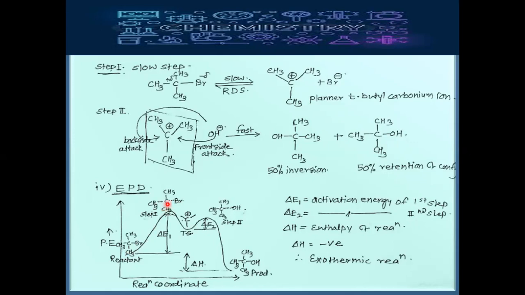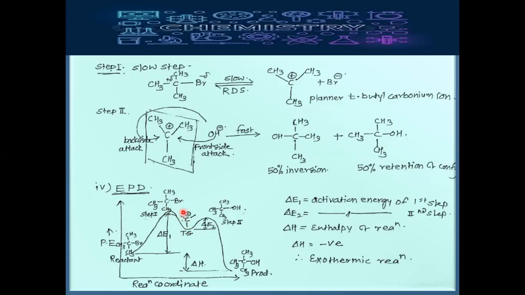When the C-Br bond completely detaches, it gives the tertiary butyl carbonium ion. This is the transition state. Then the tertiary butyl carbonium ion has less energy. Here energy content is more and here it is less, which means the tertiary butyl carbonium ion is stable.